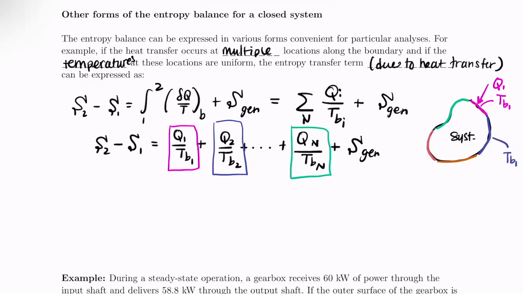So this is TB1, this is TB2 and Q2. And then maybe we have a third one. And then I'll just call this the nth one. But we could have as many of these as our heart's desire. Okay, so we can just sum them up in this way.